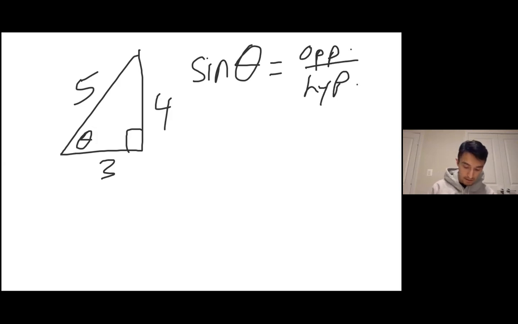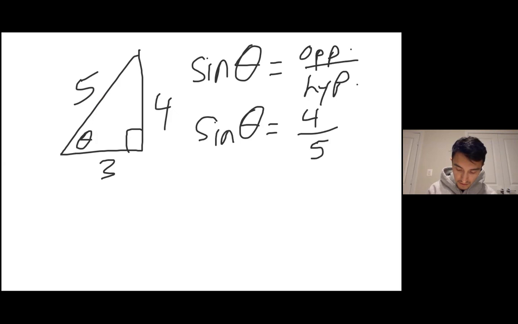Well, that means the opposite of theta is 4, okay? See that? And the hypotenuse, of course, we know is 5. So we just fill in the blanks. That means the sine of theta is just 4 over 5, 4/5.